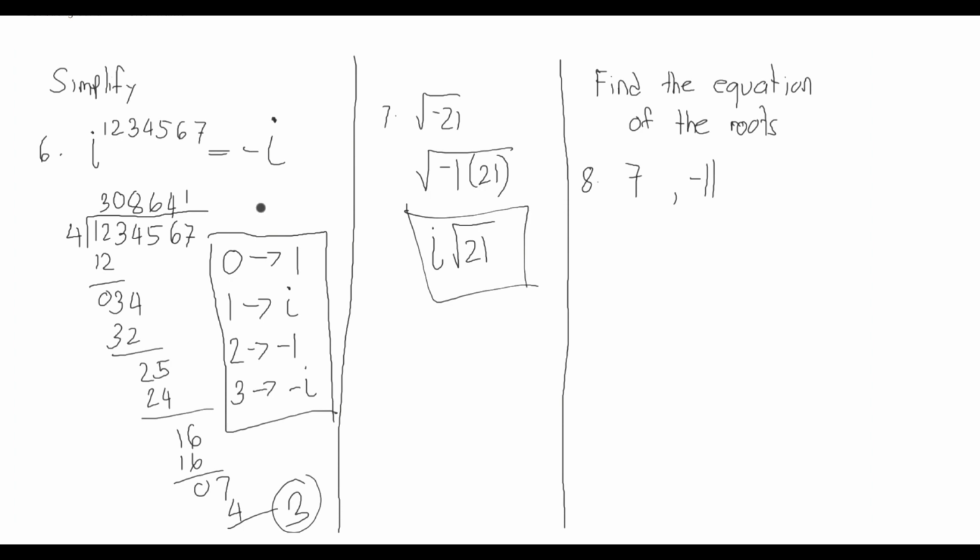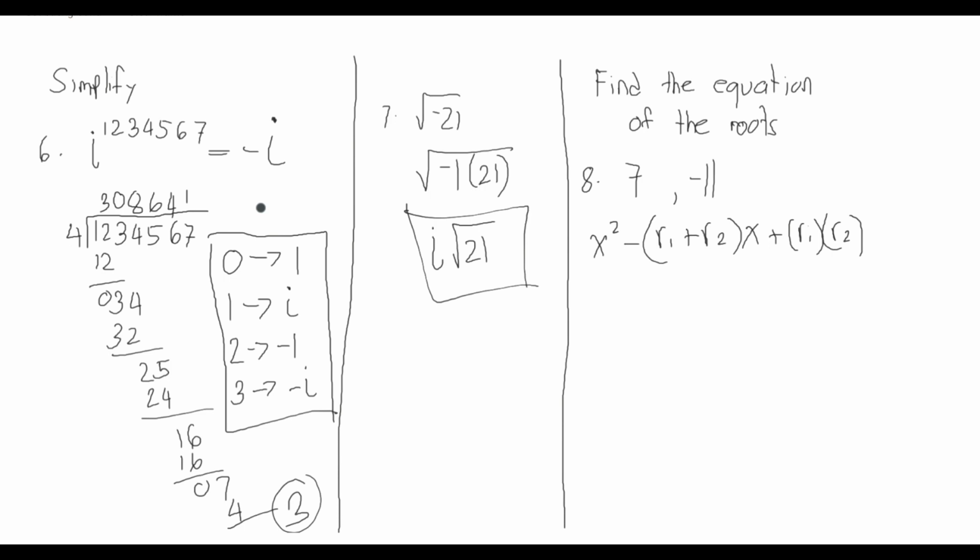Next, find the equation of the roots 7 and negative 11. Again, in this one, you are going to use the formula x squared minus r sub 1 plus r sub 2 times x plus r sub 1 times r sub 2. It doesn't matter which is r sub 1 or r sub 2.